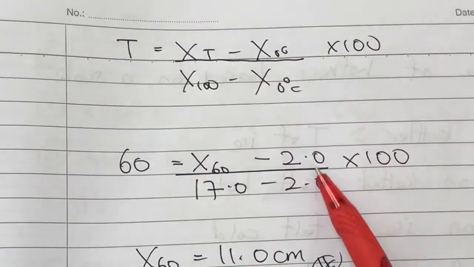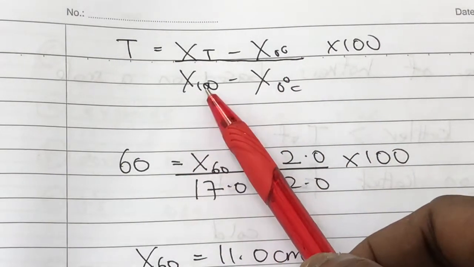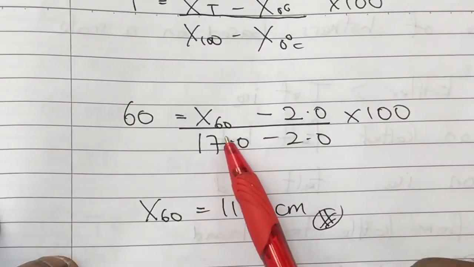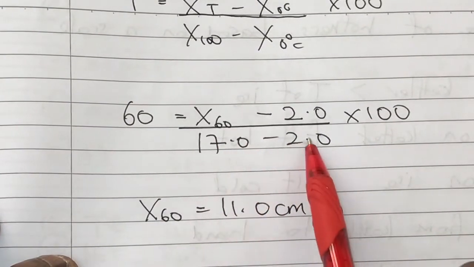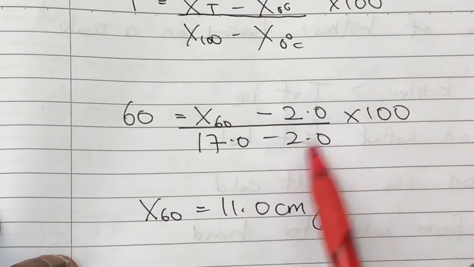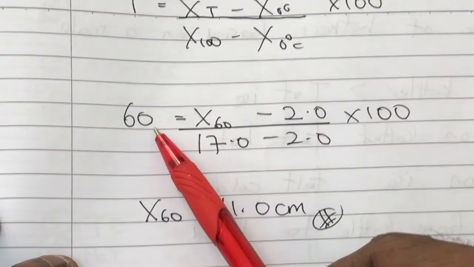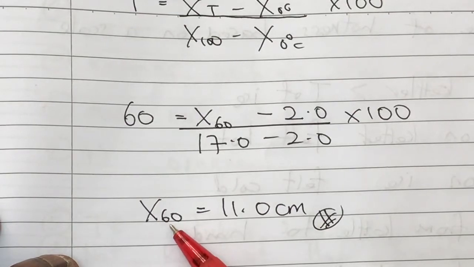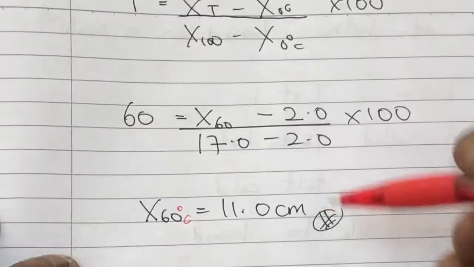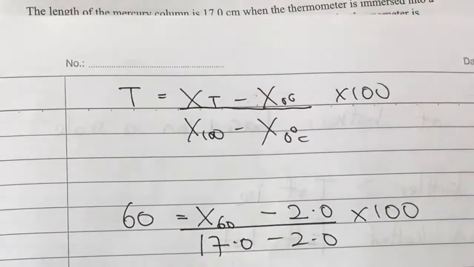X0 was 2, X100 was 17. A simple calculation, of course, use a calculator. You subtract this, that would be 15. Simplify with this 100, transfer to the other side. You will get X at 60 degrees Celsius, it's 11 cm.